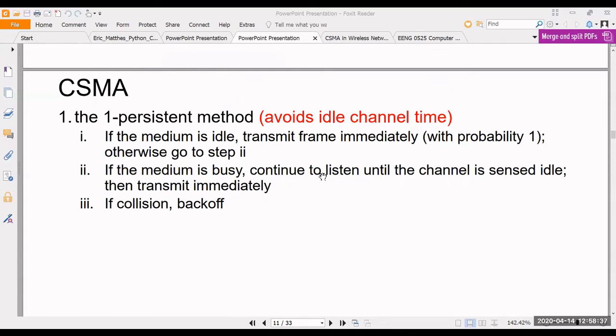Whenever it senses that the channel is idle, it transmits. When there's collision, it just backs off and then goes back to sensing again. That's the basic idea for the one persistent.